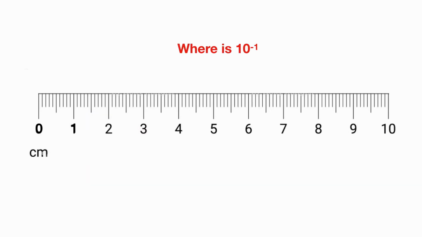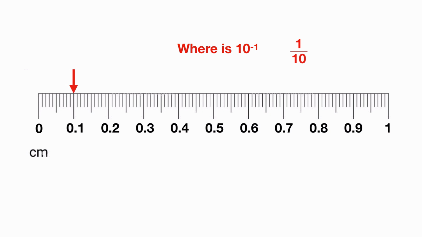So let's take the number line. This is actually a centimeter ruler, but let's take the number line from 0 to 10 centimeters, and let's ask, where is 10 to the negative 1 on this number line? Well, that's 1/10, so that would be right here. Now let's stretch the number line out so that it goes from 0 to 1.